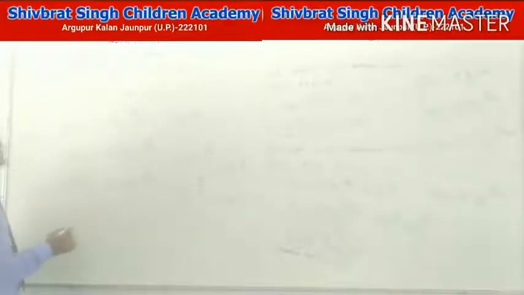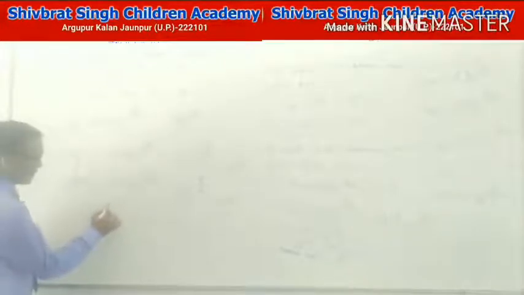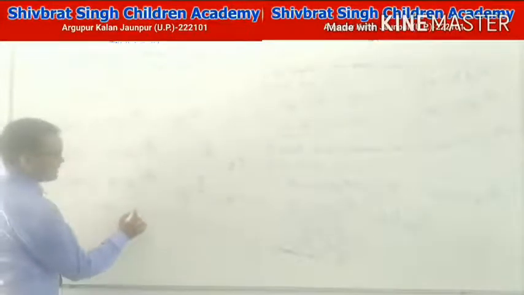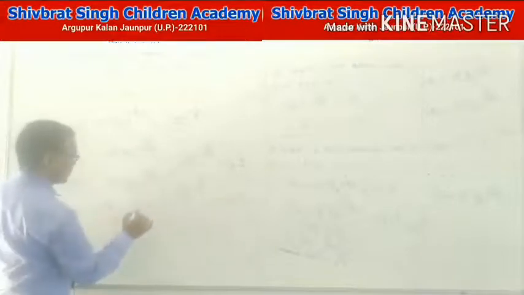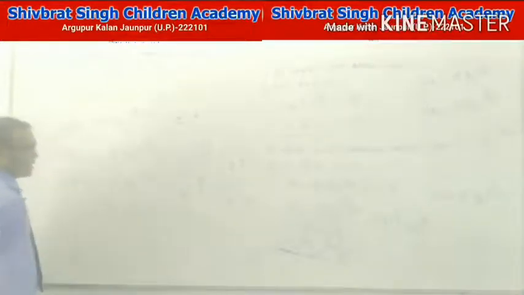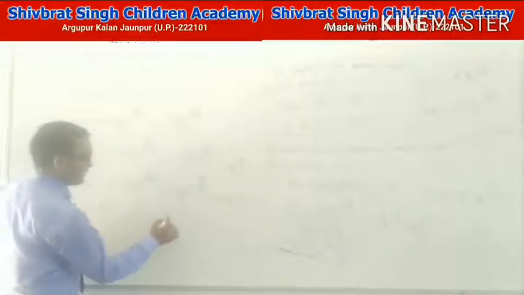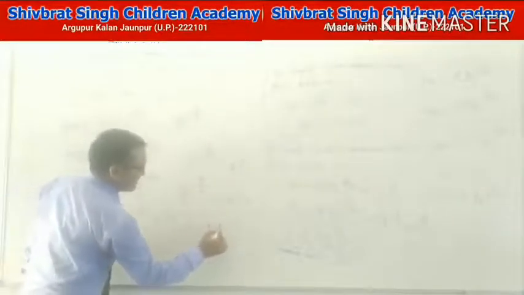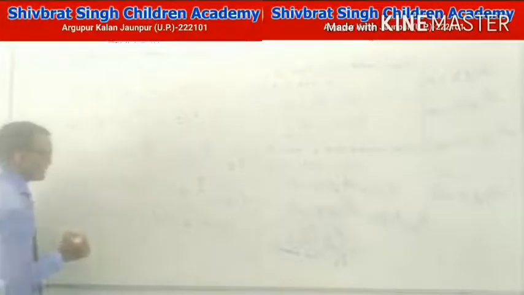Your GP is 1, comma, 2 to the power 1 by 4, comma, 2 to the power 1 by 2, the value of G2, comma, 2 to the power 3 by 4, the value of G3, and so on. Check whether this is a GP or not.